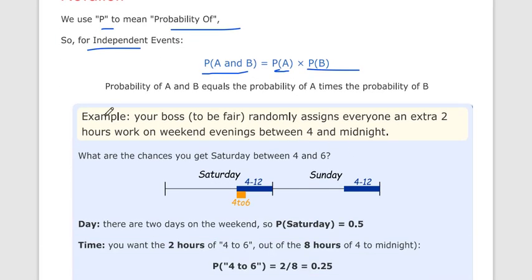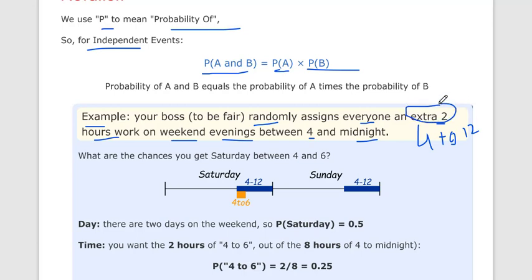Let's solve a different example. Your boss randomly assigns everyone an extra 2 hours of work on the weekend, meaning Saturday and Sunday, in the evening between 4 and midnight, that is 4 to 12, for an extra 2 hours only, not all 4 to 12 hours.